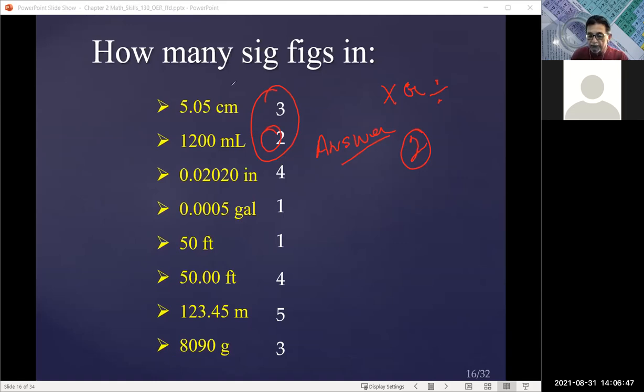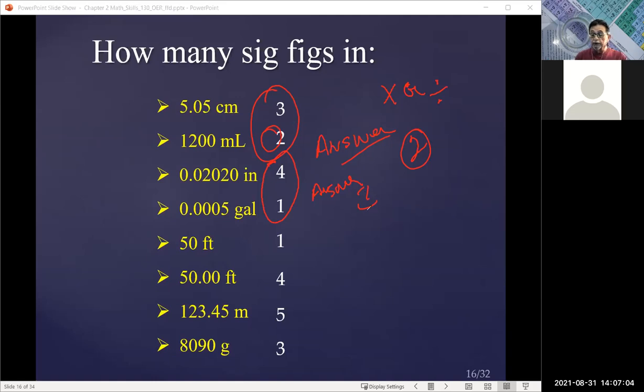The same is true here. If I was going to multiply or divide these two numbers, my answer should only have 1 sig fig. So on and so forth.